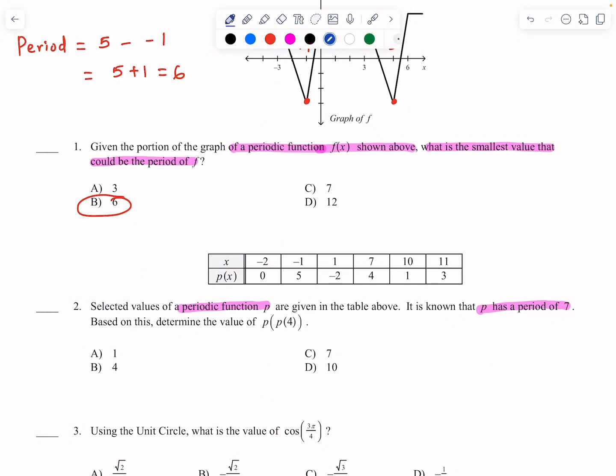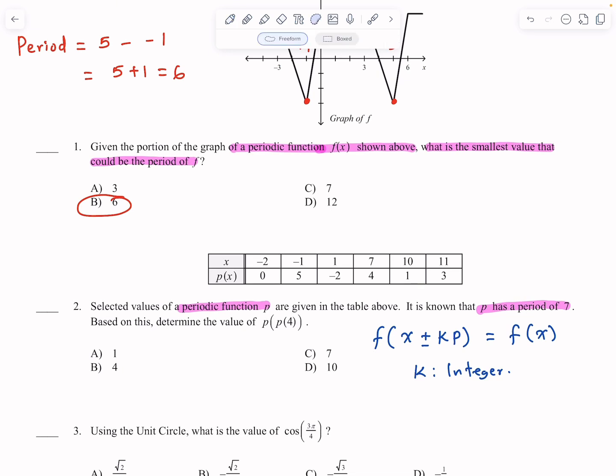If you remember from one of our classes, if a function is periodic, then f of x plus or minus k times the period is the same thing as f of x, where k must be an integer, whether positive or negative.